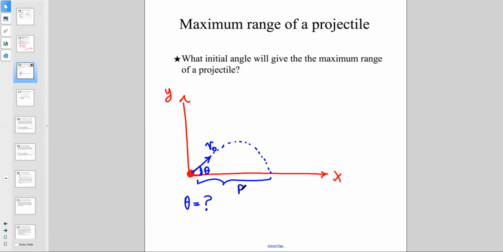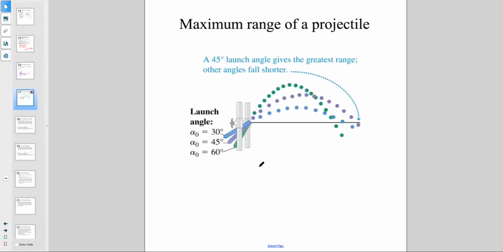So the maximum range will happen at what angle? They did some experiments, going all the way from 1 to 90 degrees to see what angle will give us the maximum range, and it happened to be a 45-degree angle. So a 45-degree launch angle gives the greatest range. Other angles fall shorter.